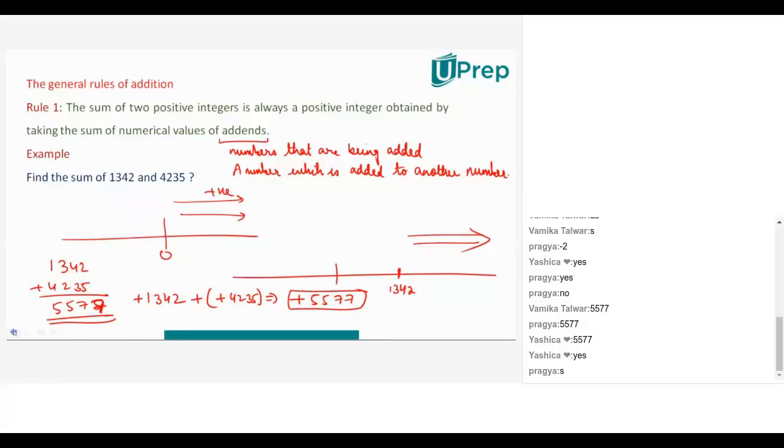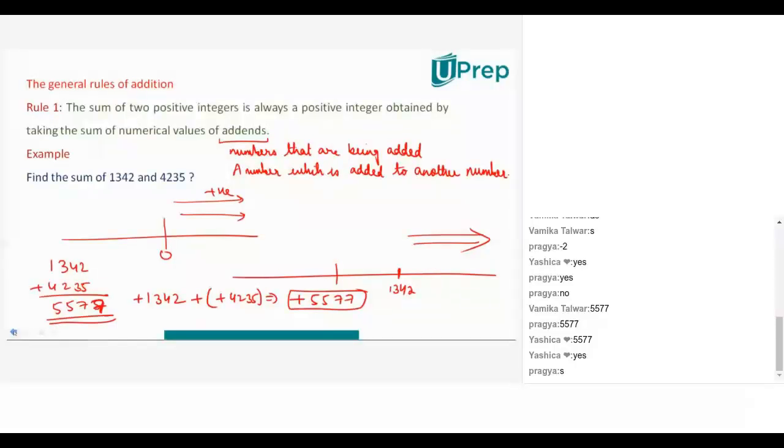Yes, sir. So, let's take the example. Find the sum of 1,342 and 4,235. Right. So, when we add this, then we move to the right-hand side of the number line because we have to add.